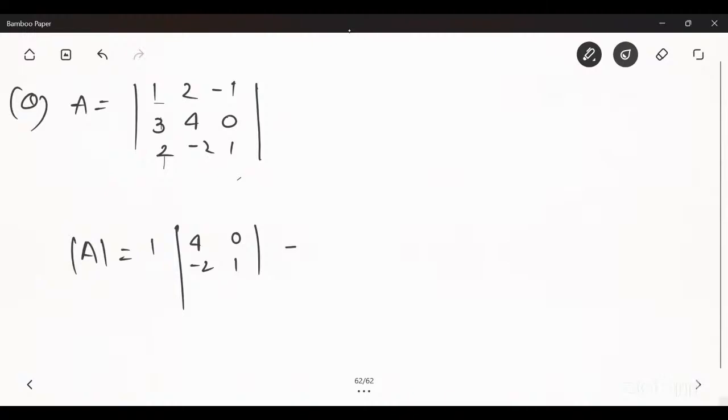Now take the cofactor here. So minus, what is the position of that element? First row, second column. So minus 1 to the power 1 plus 2 means an odd number. So that's why the minus sign will become minus 2. Now skip that row and that column. So 3 into 3, 0, 2, 1.